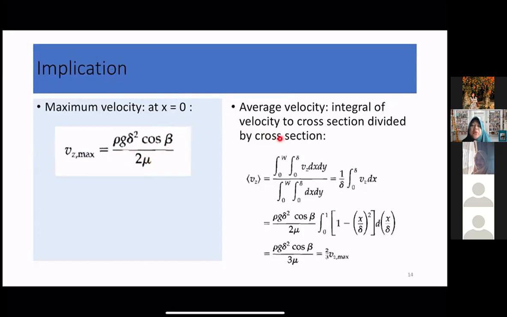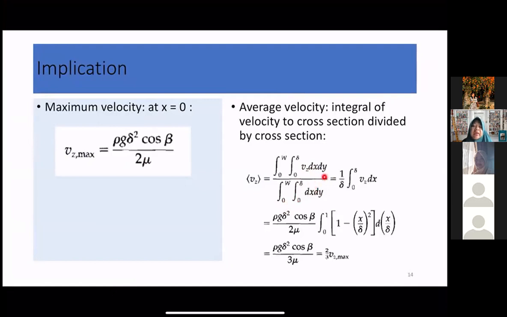And based on calculus, you can also find the average velocity. The average velocity is Vz integrated with dx and dy, divided by the integral of dx and dy. So basically the velocity is integrated over the area and divided by the integral of the area.